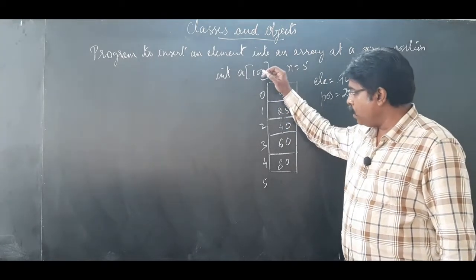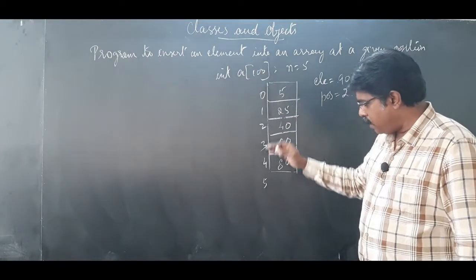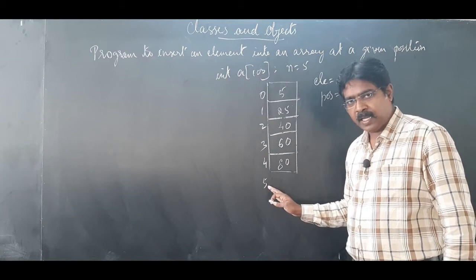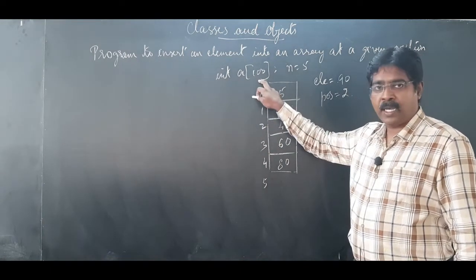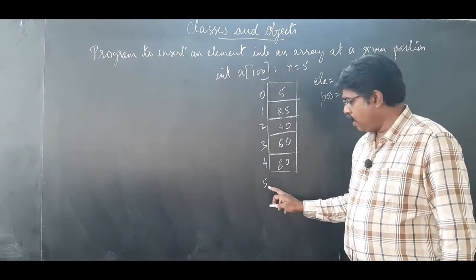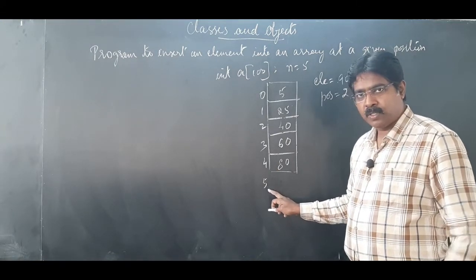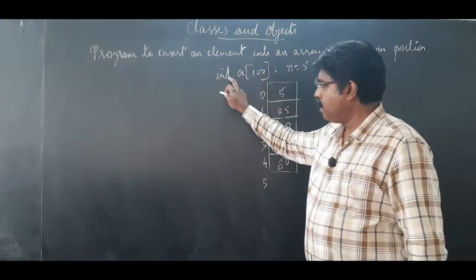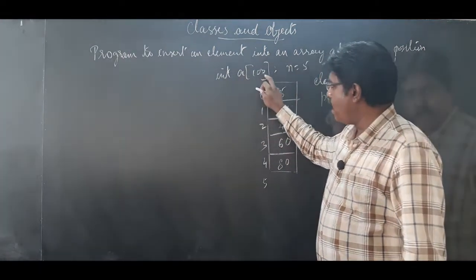When you take a standard size, definitely there is an indexing from 0 to 99. Hence, we will be able to take the array at the fifth position. So, we will be taking an array something like int a of 100.